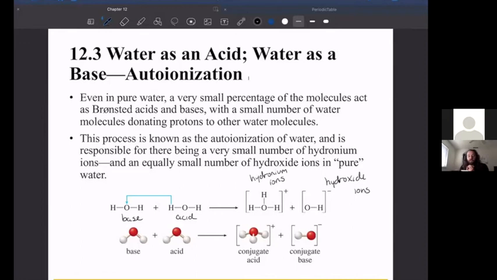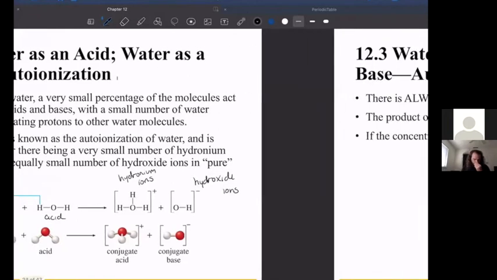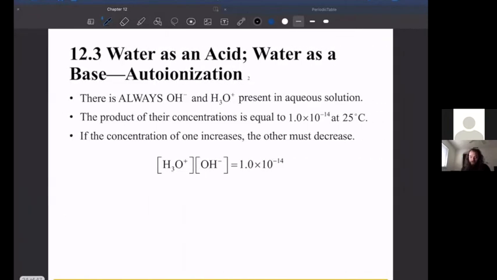Remember, we talked about equilibriums last time, right? So although this reaction is happening in the forward direction, going to products, it's also always happening in the reverse direction. We talked about equilibrium constants, products over reactants. And we see that the equilibrium constant for this reaction is really, really small, so it doesn't favor the products very much.